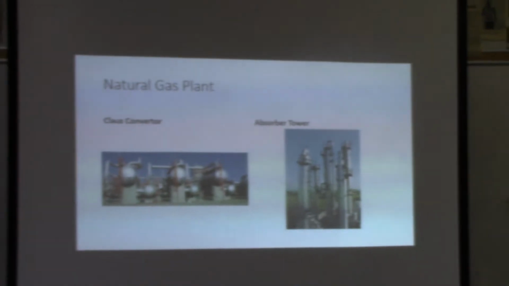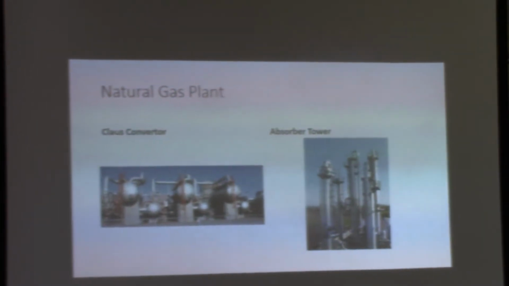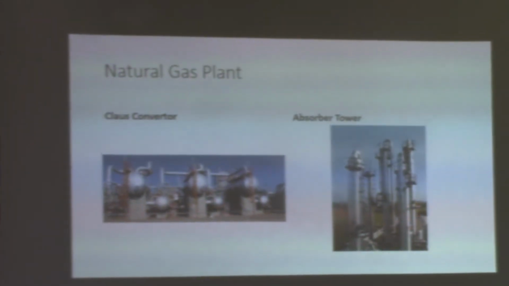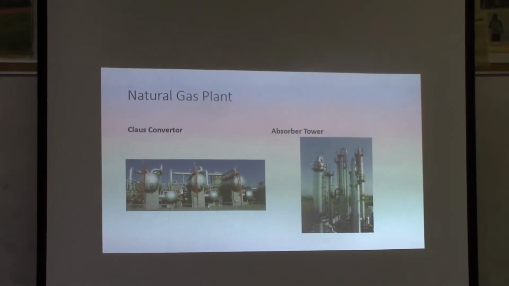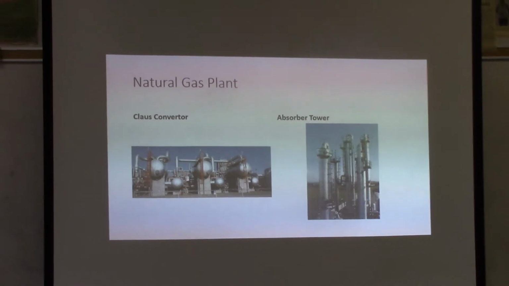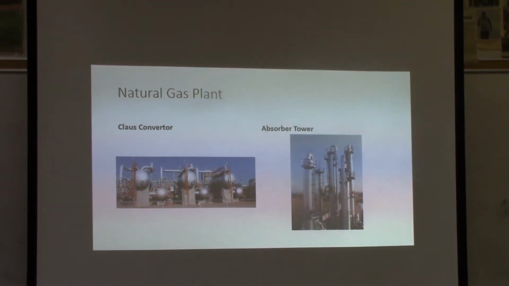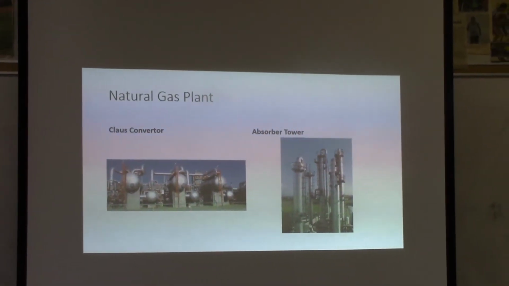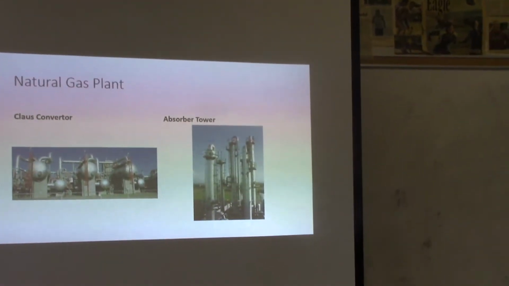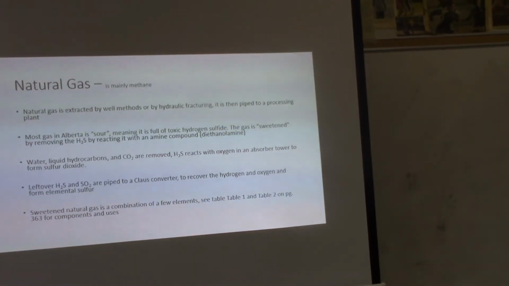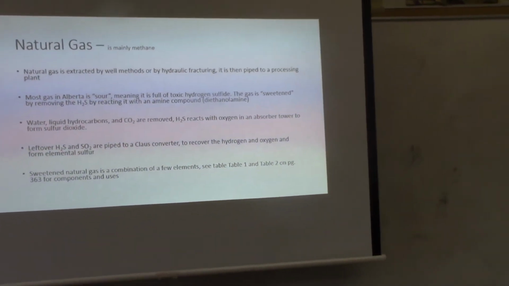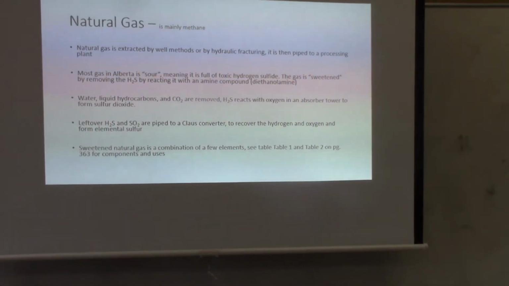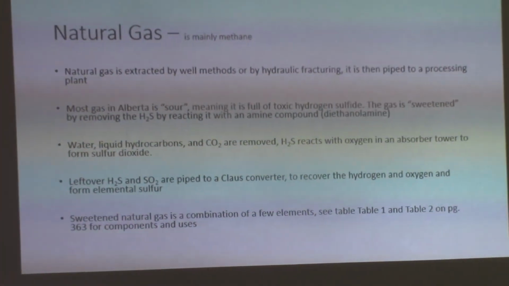So you've seen this along the landscape around here in Cochrane, right? There's the Shell gas plant, just west of St. Tim's. There's the Wildcat Hills gas plant on the way to Morley. On your right-hand side is an absorber tower. And right, so the absorber tower itself removes the H2S to make sulfur dioxide.